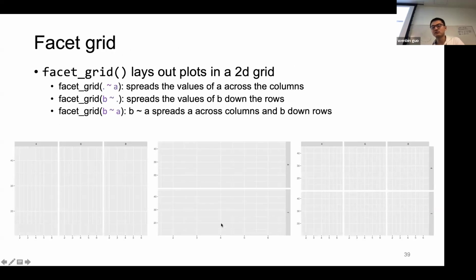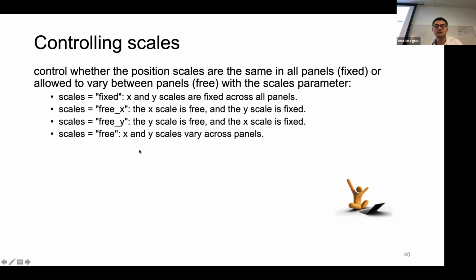And sometimes you want the x-axis to be different across different panels, or sometimes you want your Y to be different, and sometimes you want both of them to be different. So you can control them by specifying free X, free Y, or even free for no constraint at all.